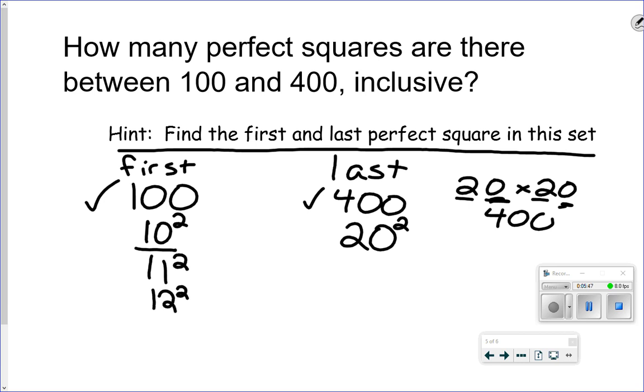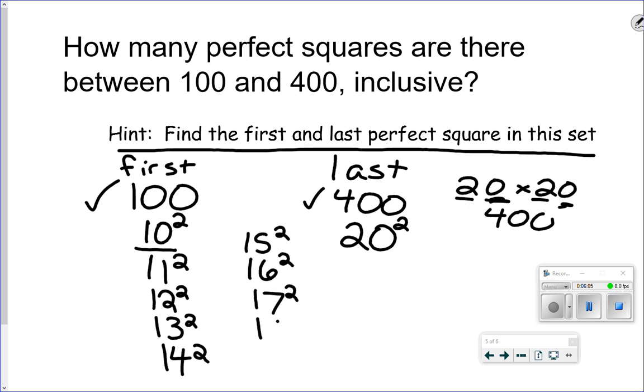I don't have to get those numbers, but I do need to understand that if 10 squared is the smallest and 20 squared is the biggest, all the ones in between will also be included. And you'll actually be able to count them up in this case. You won't always be able to do that, but in this case you can.